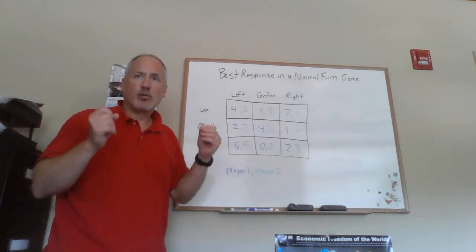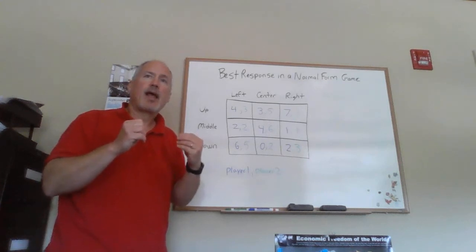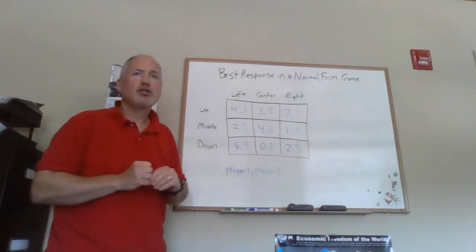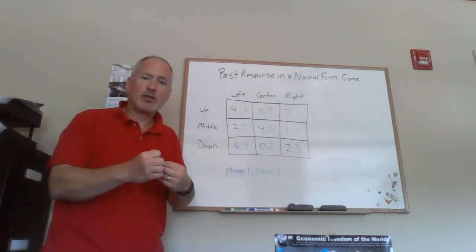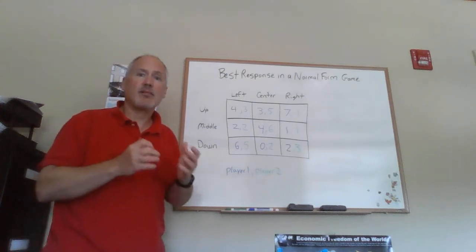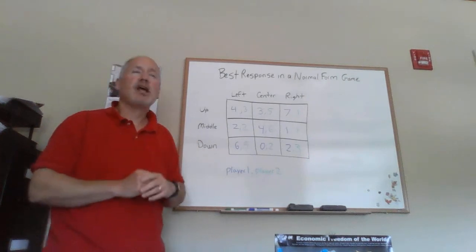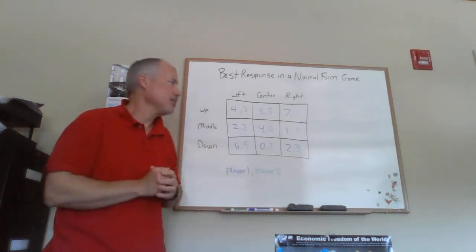We'll assume they're making their choices simultaneously. Player one only gets to choose the row, player two gets to choose the column, and you combine their choices together, and that determines which cell in the matrix we end up in. Each cell in the matrix corresponds to a possible outcome of the game.